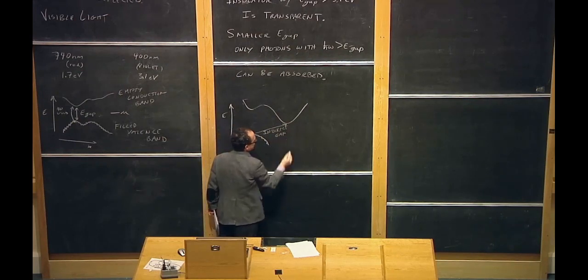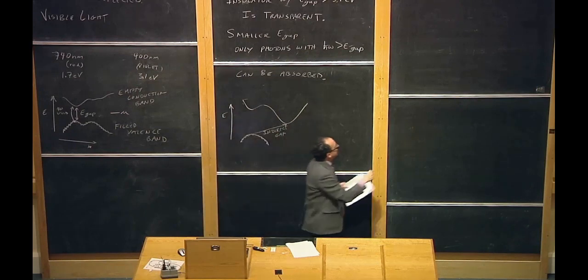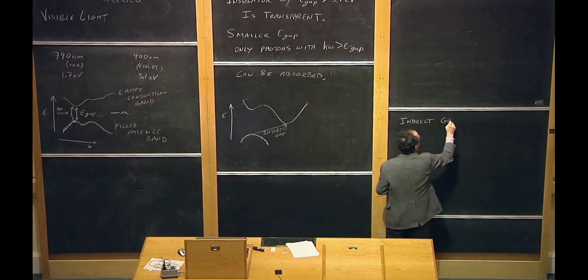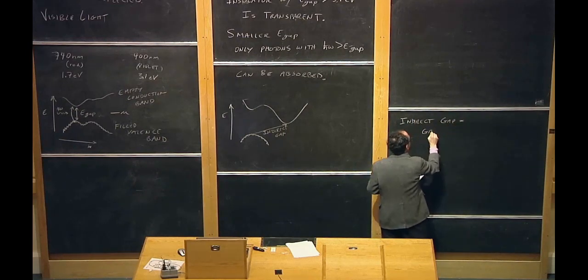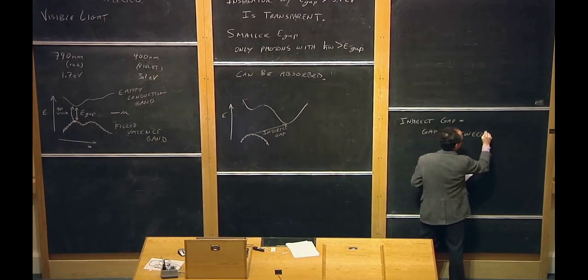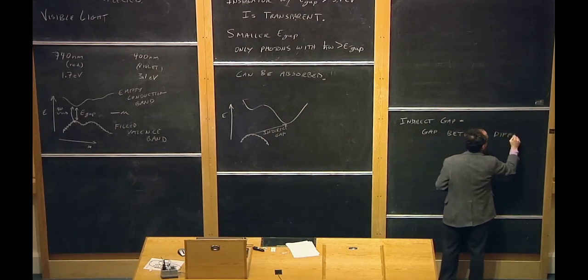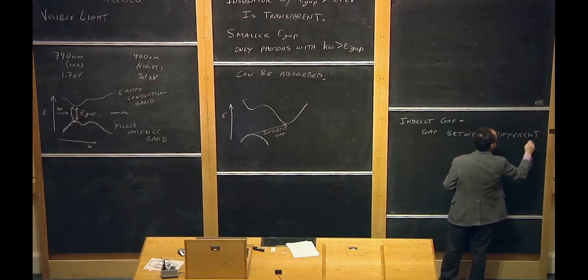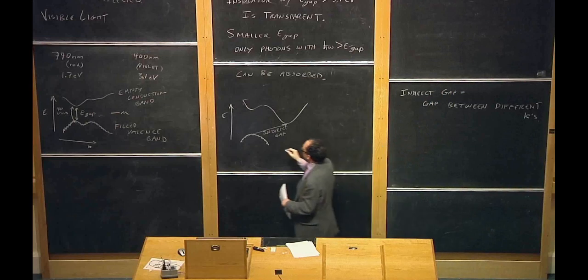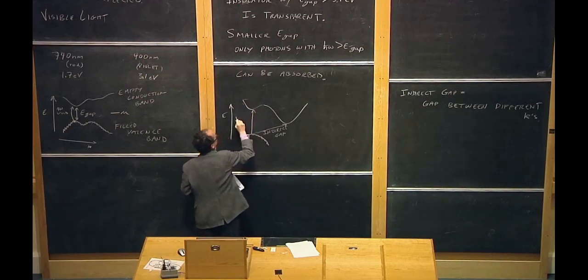Maybe I'll write down the definition over here. So an indirect gap or an indirect transition, indirect gap, equals a gap between different Ks. And then you can have a direct transition like this. This is known as the direct gap.